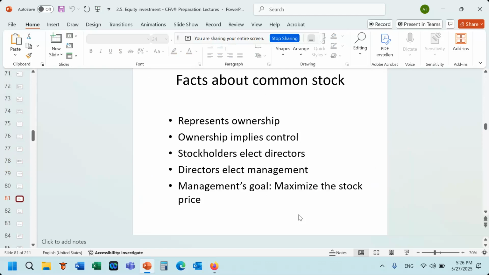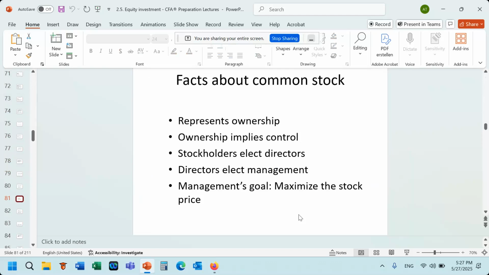Therefore, the managers could take advantage of shareholders. We call that agency theory, and there is agency cost. For example, the manager can buy a jet airplane, but the stockholder pays for it. And to solve this problem, we often give the manager stock options.